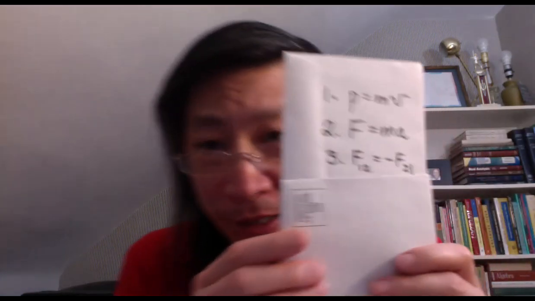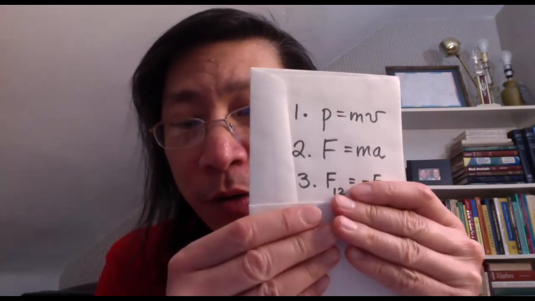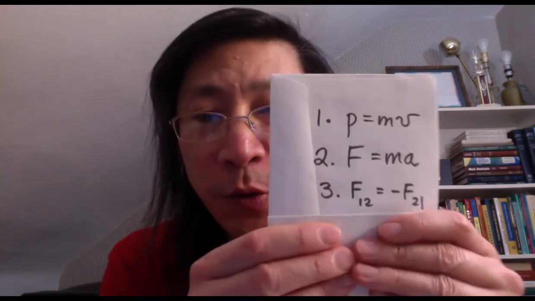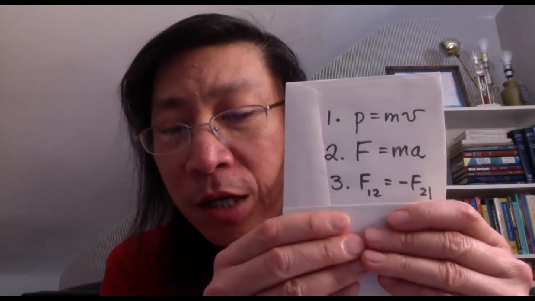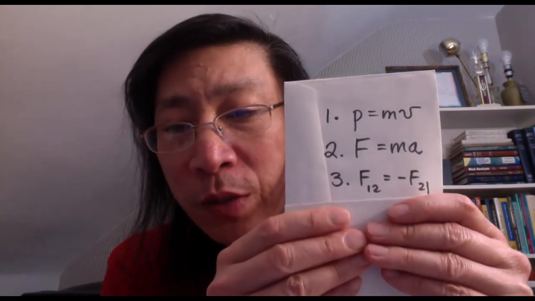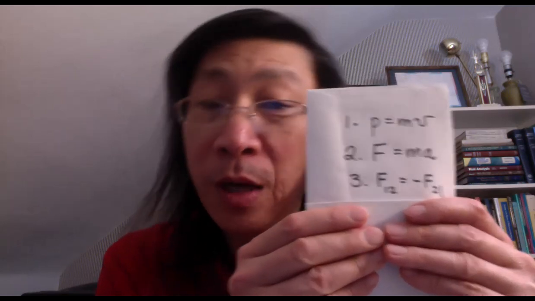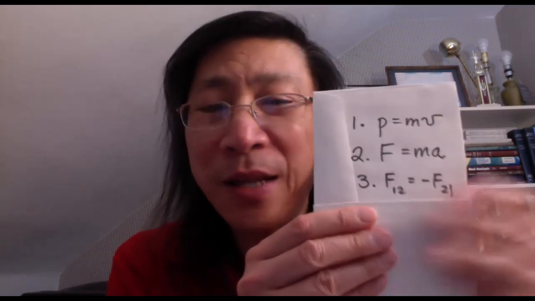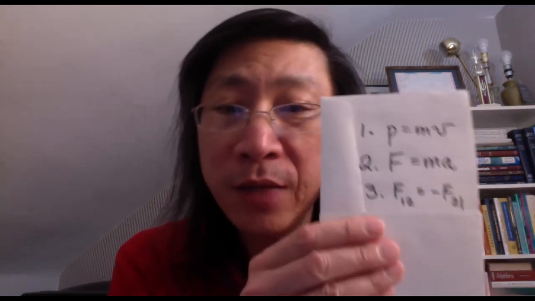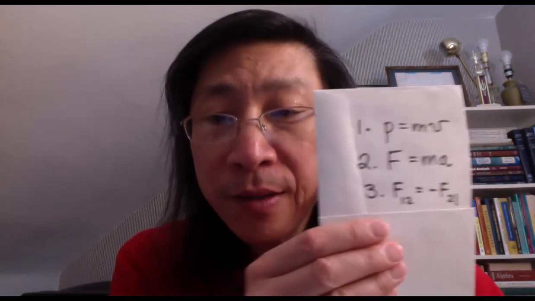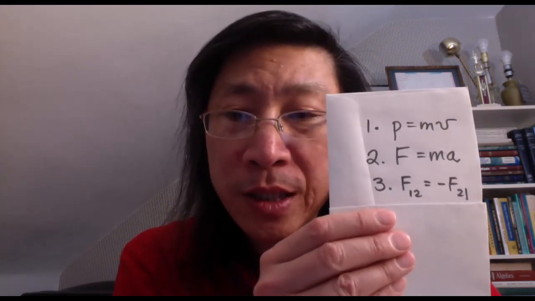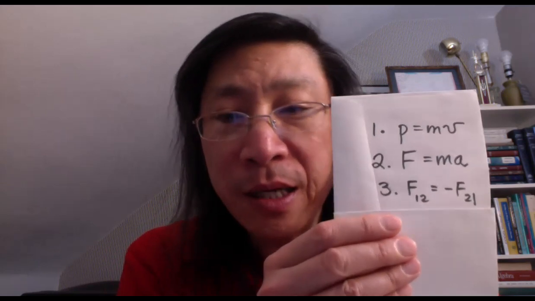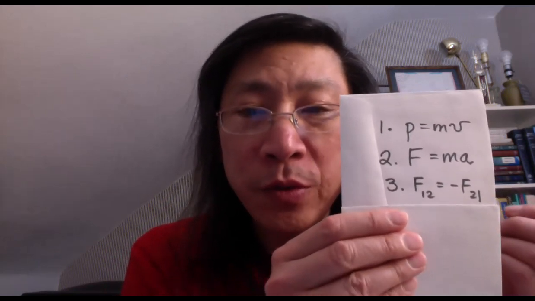And if you remember the next point, I'm going to cover this up over here. This back of the envelope showed us our 3 laws of motion written in math. The first law, P equals mv. Second law, F equals ma. Third law, F12 equals minus F21. Now, as we said earlier, and this is not new for a lot of you, but for others, this is kind of a new concept. Math is just a language. Each one of these equations is essentially a sentence that explains a law of nature which Newton put together.